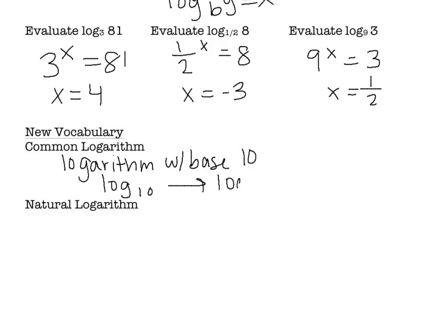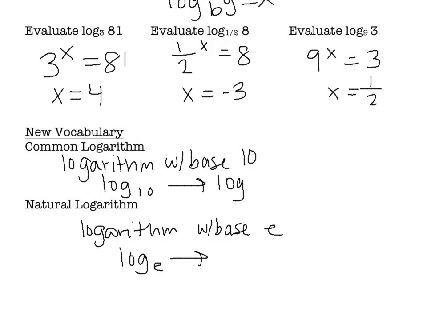And similarly, a natural logarithm is a logarithm with base e. And so you might see it written as log base e, but usually you will see this abbreviation ln, and ln means natural log.